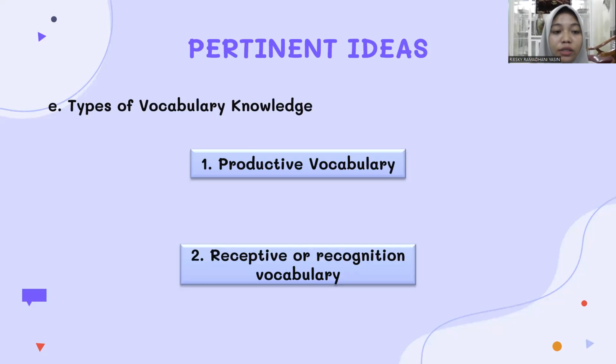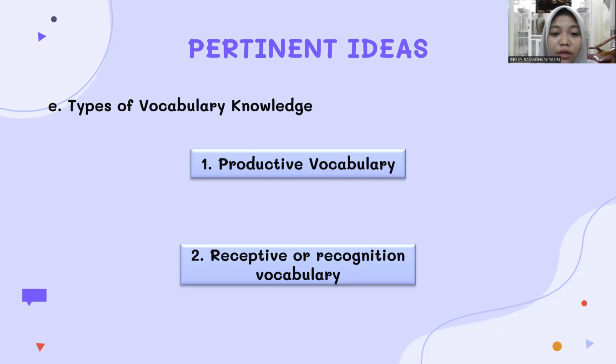The next one is types of vocabulary. There are two types of vocabulary knowledge. The first one is productive vocabulary. Productive vocabulary is the set of words that an individual can use when writing or speaking. They are words that are well known, familiar, and used frequently.